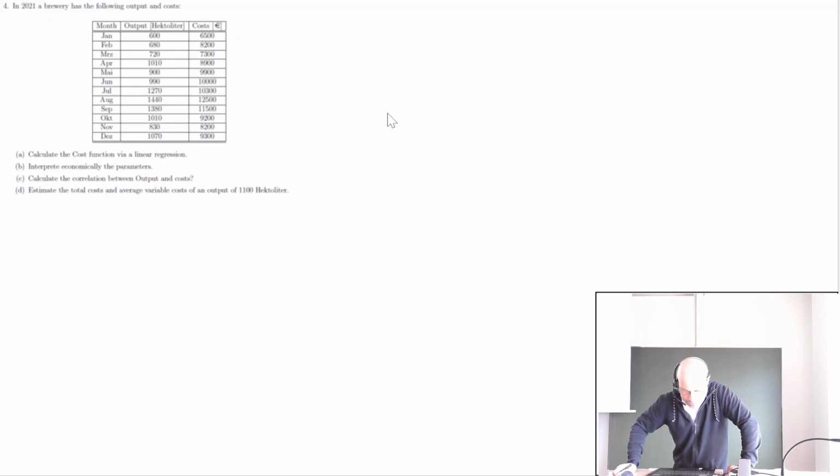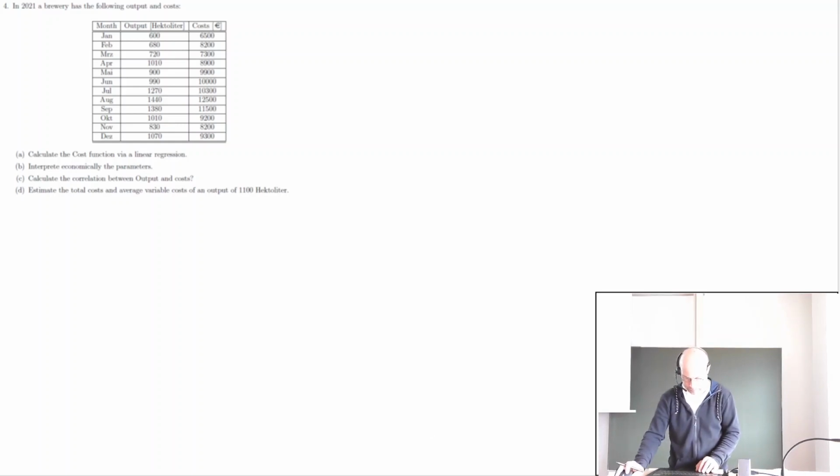In 21, some brewery has the dependence between output and costs. So we have our 12 data points, and from these 12 data points, we should calculate the linear regression, and we should interpret the parameters economically, and we should also calculate the correlation coefficient, and in the end, estimate the total costs and average variable costs of an output of 1100 hectoliter.